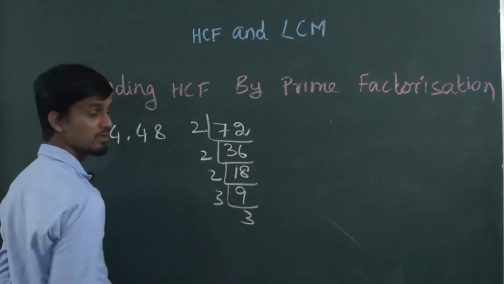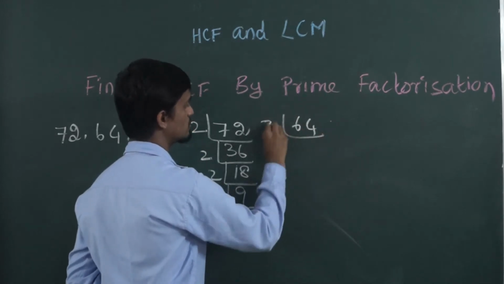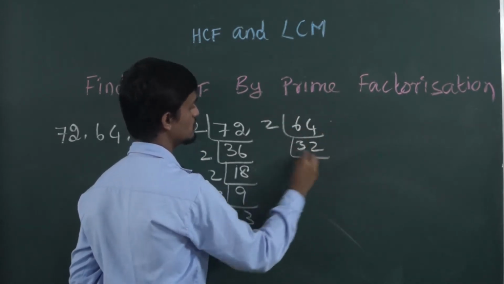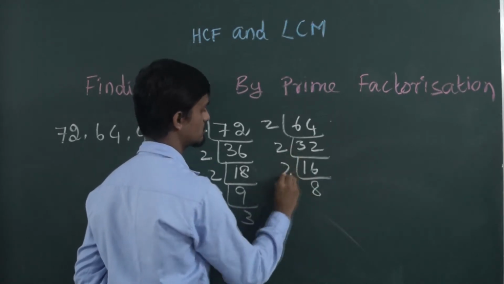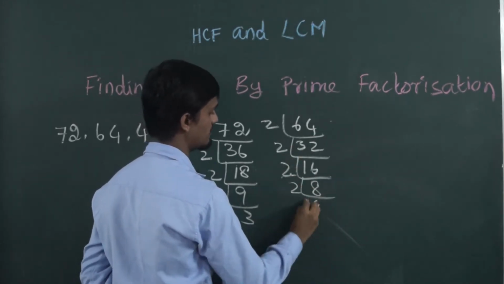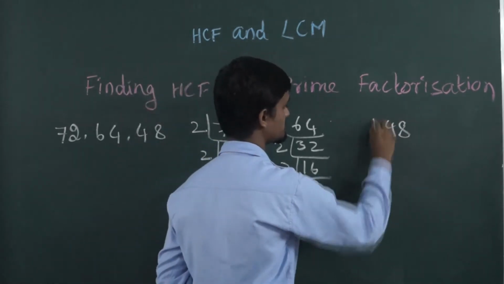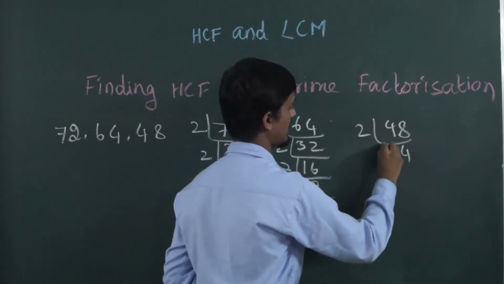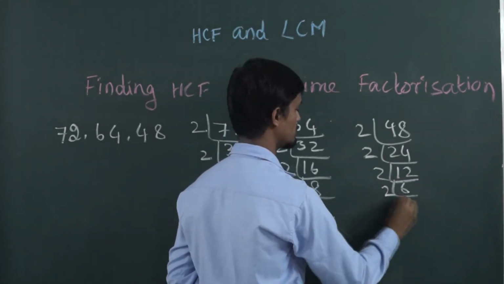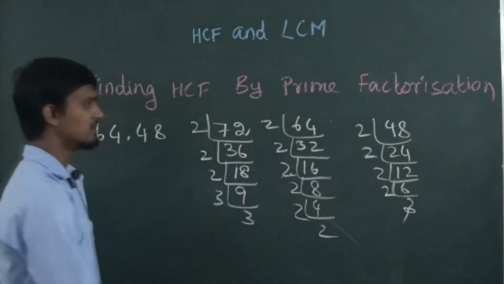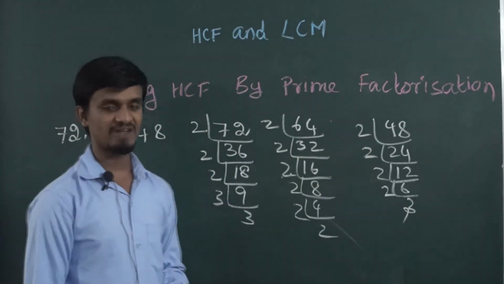Next one is 64: 2 times 32, 2 times 16, 2 times 8, 2 times 4, 2 times 2. Next one, 48: 2 times 24, 2 times 12, 2 times 6, 2 times 3. This is the way to find the prime factorization.